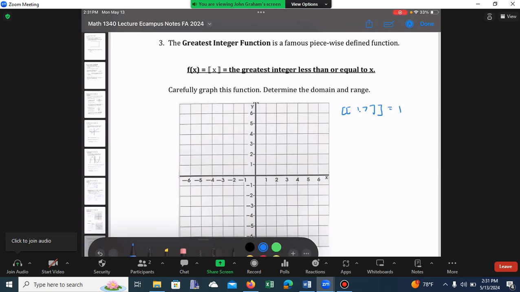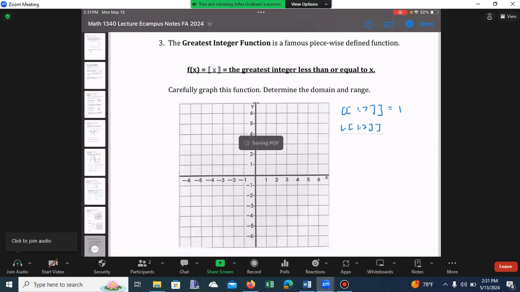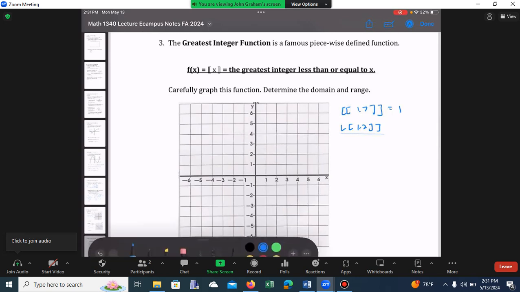It's the whole number that is the highest right before that decimal. And so the greatest integer of 1.2 also equals 1. The greatest integer of 2 is where it goes up to 2.